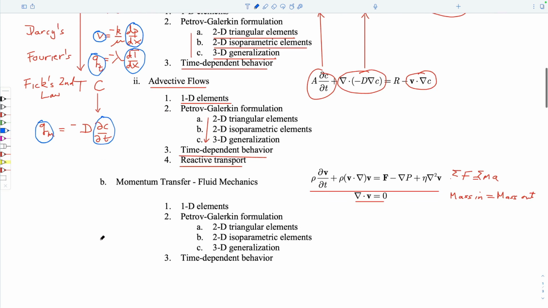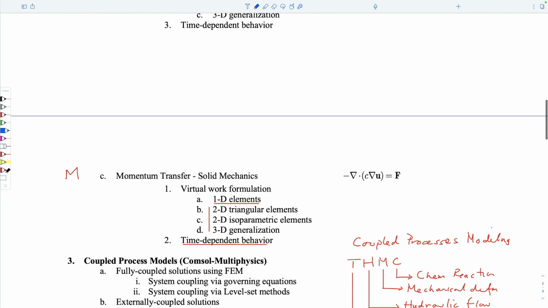And of course, even for mechanical behavior, going back to this would be Hooke's law, which links momentum flux, sigma equals E times du/dx, the modulus times the displacement gradient, is equal to stress.